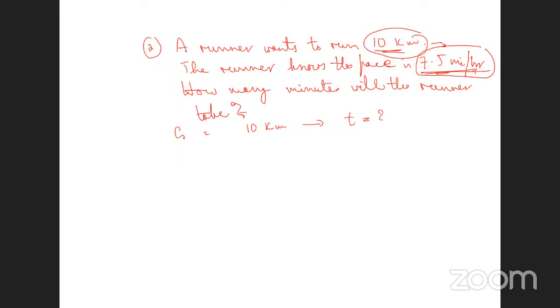I will put t for time, and then the speed or the pace is given as 7.5 miles. It's not minutes, so I'll put the entire thing, miles per hour. This is given. What they're asking: how many minutes for 10 kilometers.